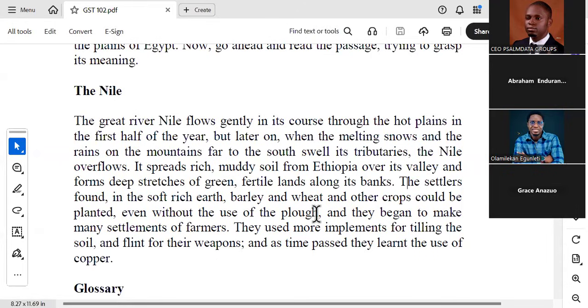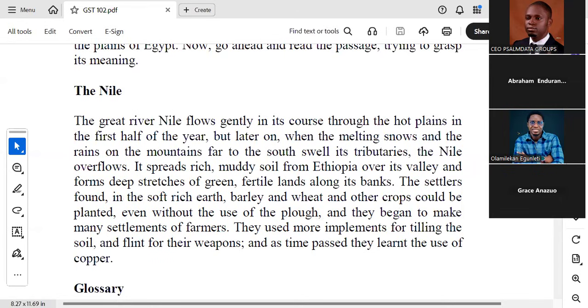Do I agree with that? In that case, we have removed in the soft, rich earth, and we have removed could be planted, and we have removed and they began to make many settlers or farmers. We remove two things there: we remove this, and we remove many settlers or farmers.